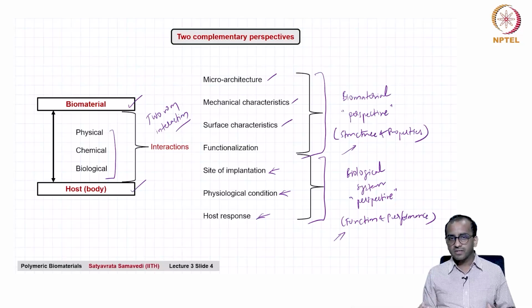All of these things will determine things like host response, right? So it's very important that both of these perspectives are well understood, and in this course, one of the themes will be to understand both these perspectives so that we get a good sense of how biomaterials can be designed for specific applications.